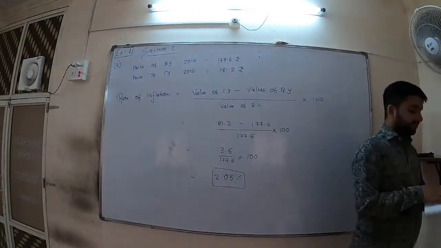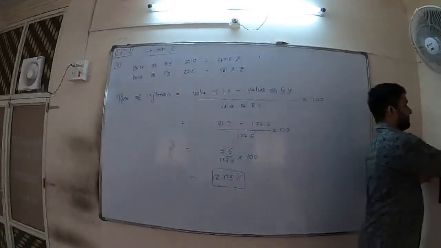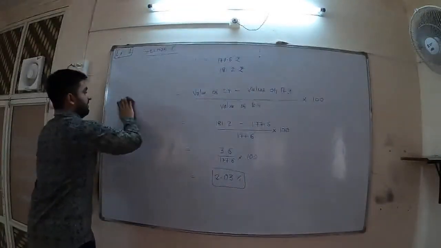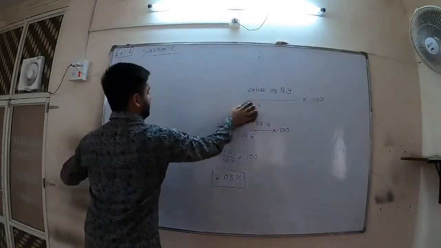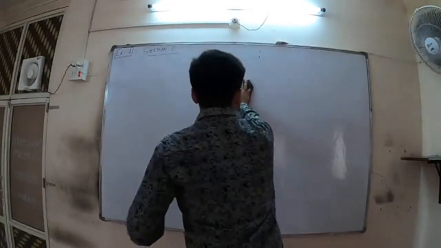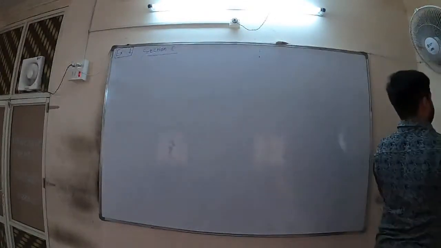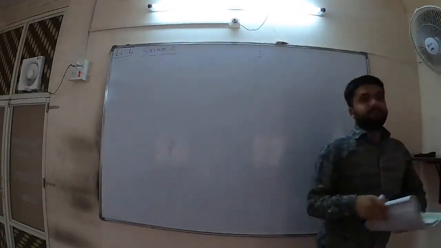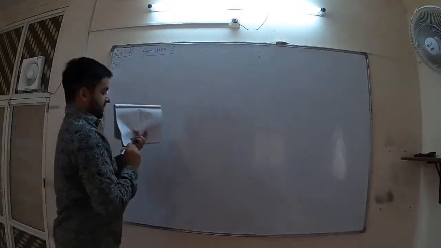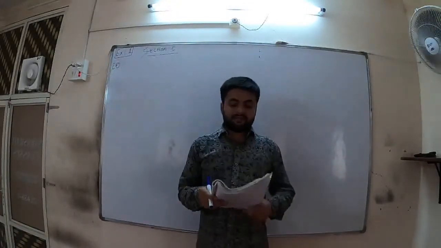Yes, now we are again continuing from sum number 7. In section C itself, read sum number 7. Its concept we have learned in 1.3 itself, and in 1.4, the exercise which we have just completed.